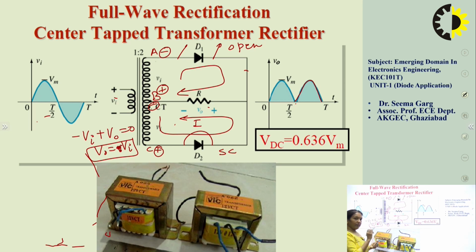At every instant of time, whatever input signal is appearing across the second half of the secondary winding of the transformer, the same is appearing across the load resistance RL. So this gives you the output. Here we can see how our bidirectional current is changing into unidirectional.